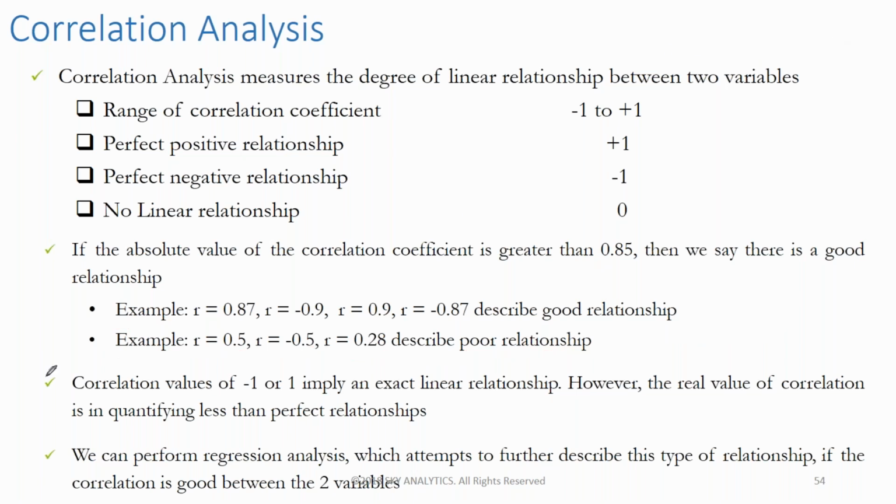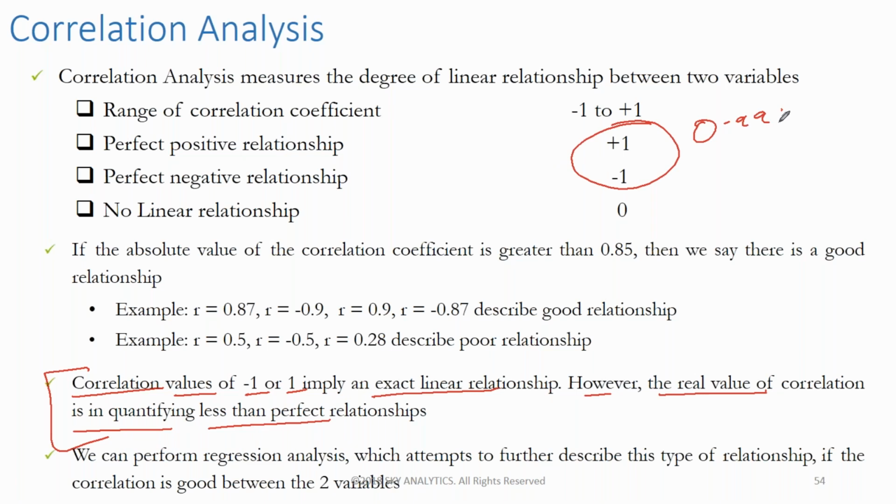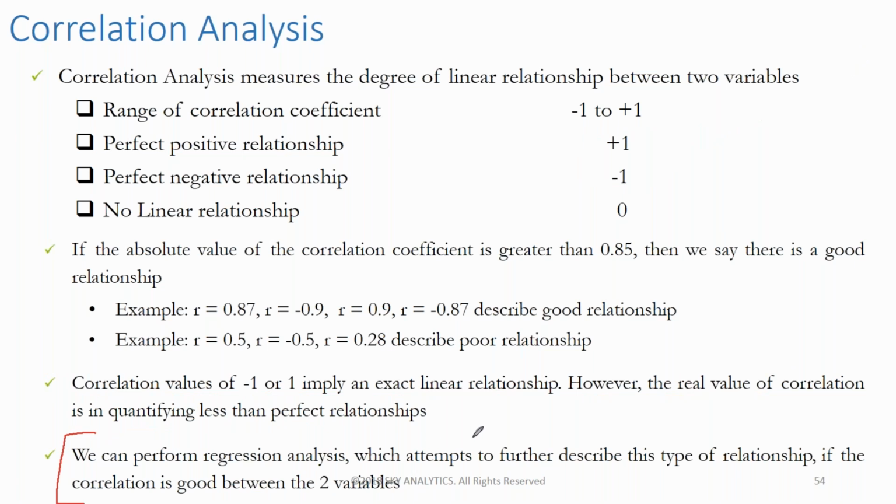Now, correlation values minus 1 to plus 1. Minus 1 and plus 1 implies an exact linear relationship. However, the real value of correlation is in quantifying less than perfect relationships, as I told you, you might get real values like this. We can perform regression analysis which attempts to further describe this type of relationship.